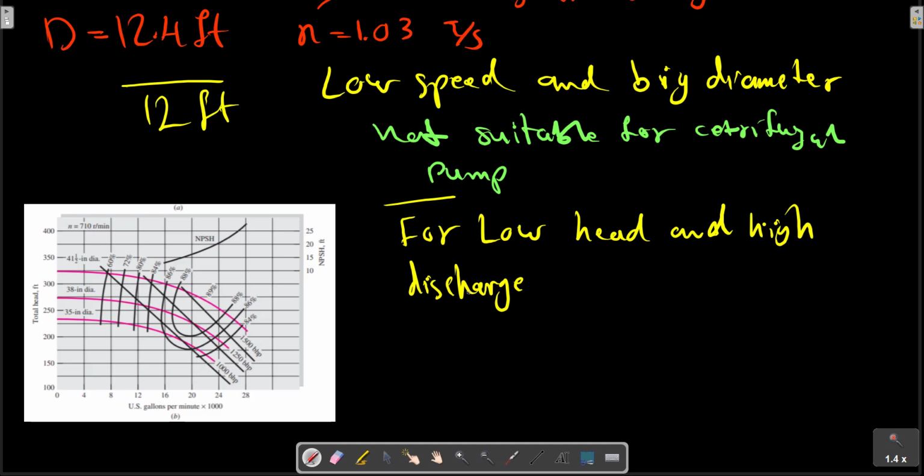For example, there is a 38-inch pump, as shown in this picture and this diagram, running at 710 revolutions per minute, with the same input parameters as this diagram.